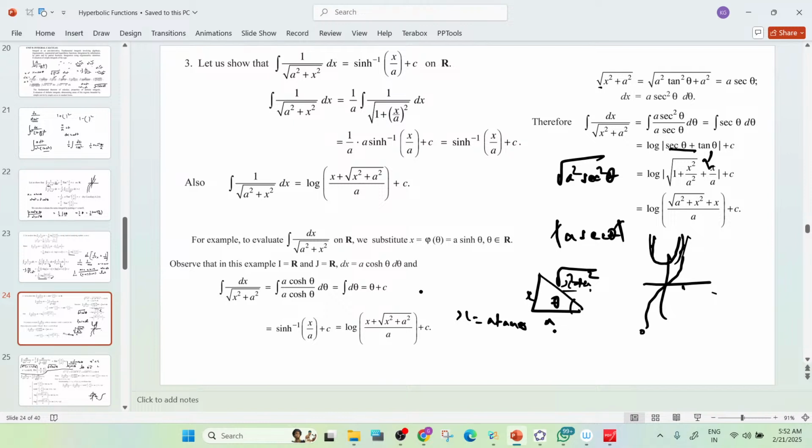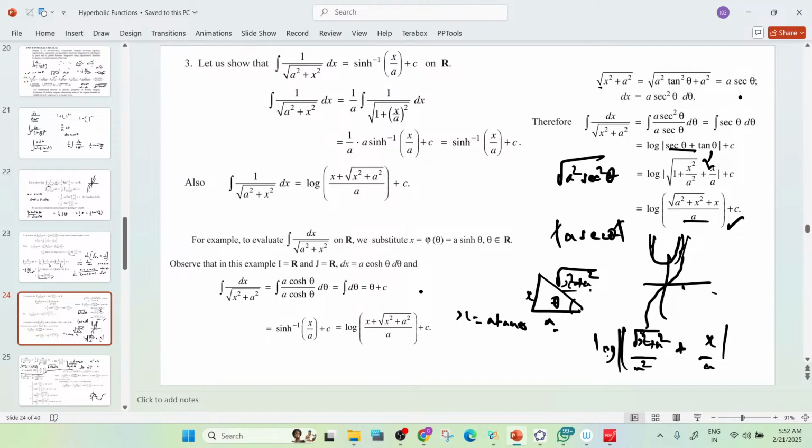Root of x square plus a square by a, right? So what we have got is log of root of x square plus a square by a plus tan theta, which is x by a. So it becomes log of root of x square plus a square plus x, whole by a. That's why we are getting this. Understood?